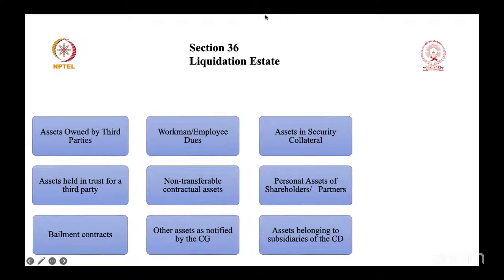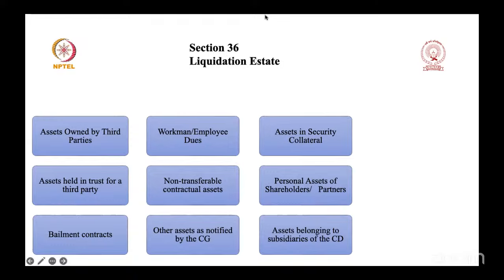Their properties will come under this liquidation estate only. Yes, correct. But if those assets are with the bank in another loan account, what will happen? This corporate guarantor has another loan which they are paying correctly.